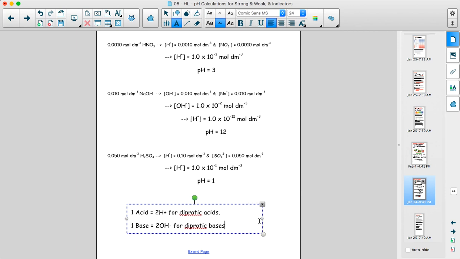And the only real examples of this you have to be aware of, although I suppose they could come up with others, is H2SO4 for acid, sulfuric acid, and barium hydroxide for bases. So recognizing that these diprotic species exist and just knowing how that's going to affect those ratios is the one thing to watch for. Otherwise, doing calculations with strong bases and strong acids should be fairly simple.